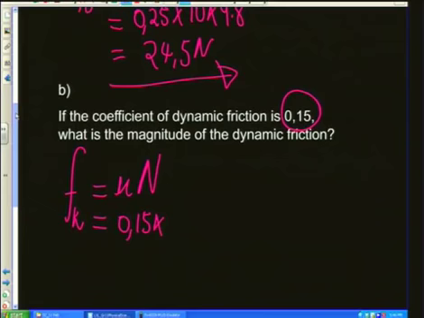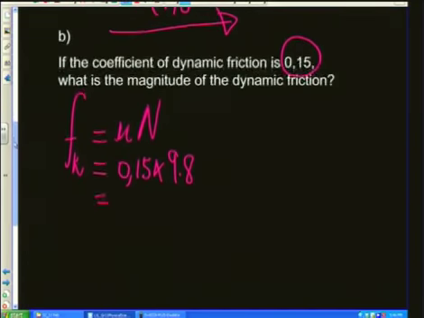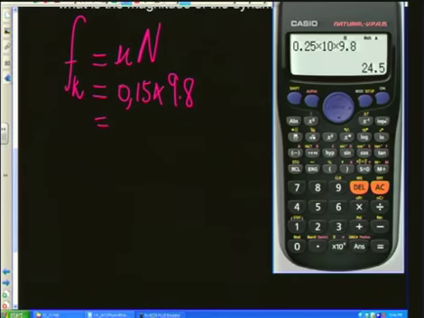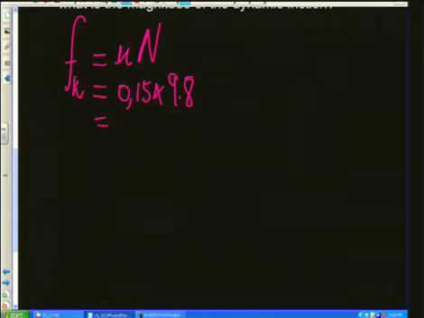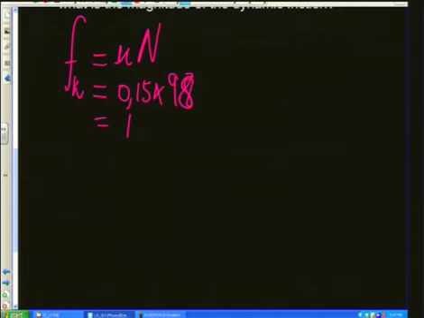The normal again is 10 times 9.8, which is 98. So we have 0.15 times 98. What do we have? We've got 14.7. So this is 14.7 newtons.